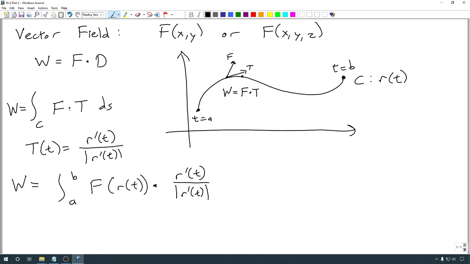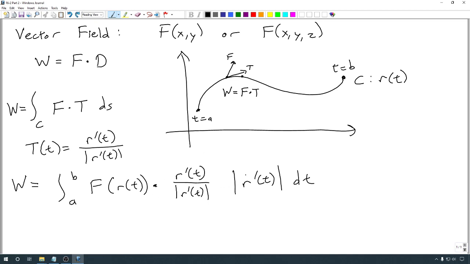And then when we're doing a line integral, remember we have to multiply by the magnitude of r prime of t. That's part of our formula. So we're essentially taking F dot T, plugging in r, but then we also get this extra square root of stuff attached to the end.